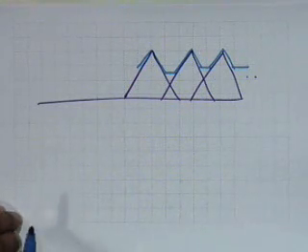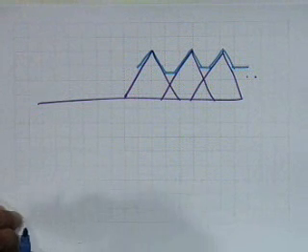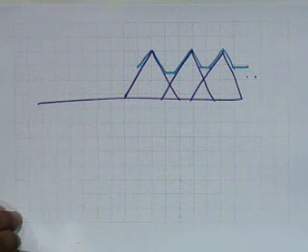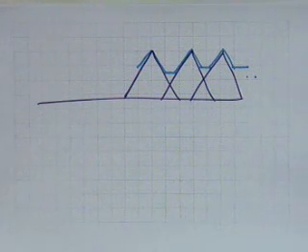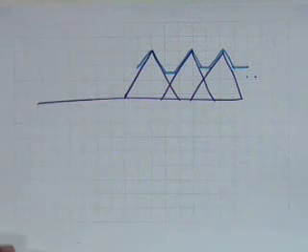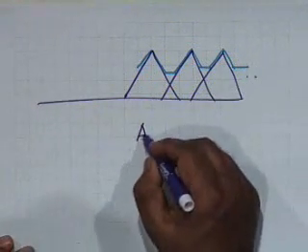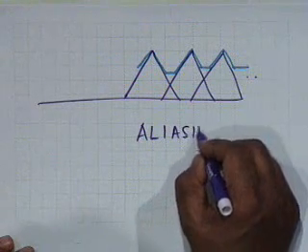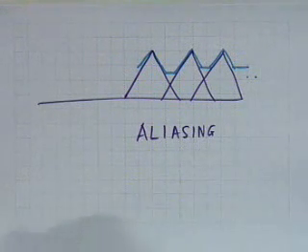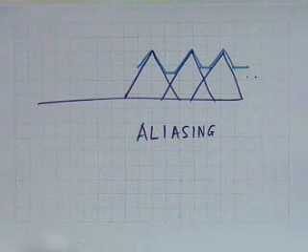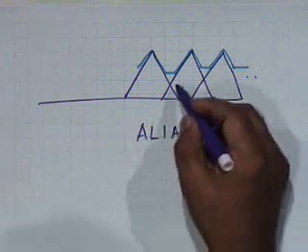In other words, the message or the information content of the signal has been disturbed, and therefore there is distortion. And this distortion, as I have already said, is the so called aliasing distortion, and the name arises because high frequencies pose as low frequencies.